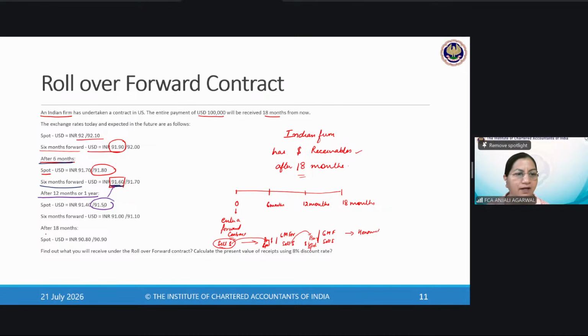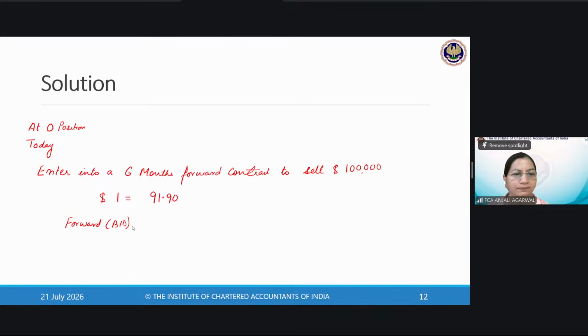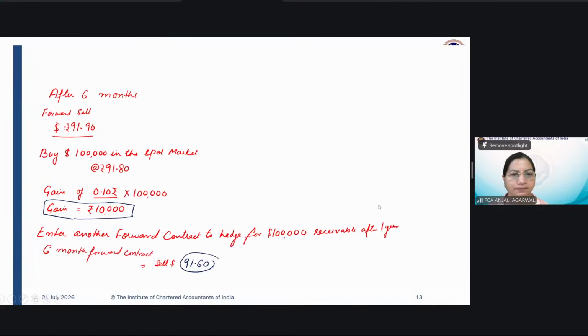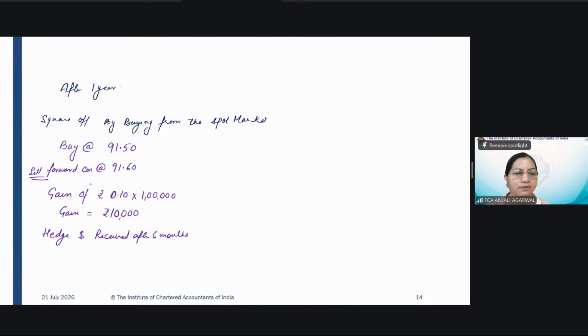So you will enter into another contract to sell your dollars at 91. So you have in the process gained 10,000 after 6 months, 10,000 after 12 months, and finally you have a forward contract to sell your dollars at 91.